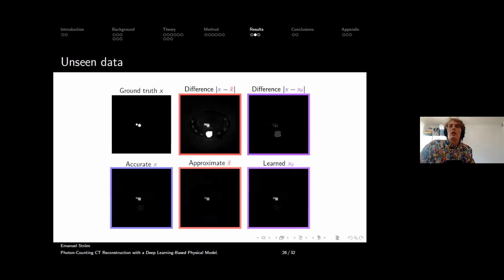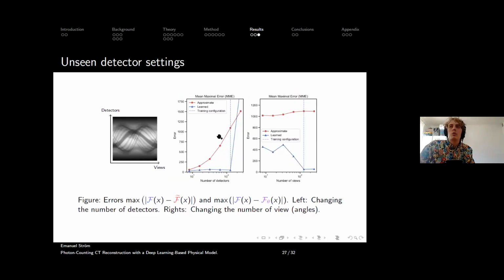Okay, the last result I want to show is when we rescale the measurement data, so if we change the number of detectors or change the number of views. This vertical line here represents the configuration that the forward operator was trained on. If we scale down the number of detectors here, you can see that the learned forward operator still performs much better than the approximate forward operator.